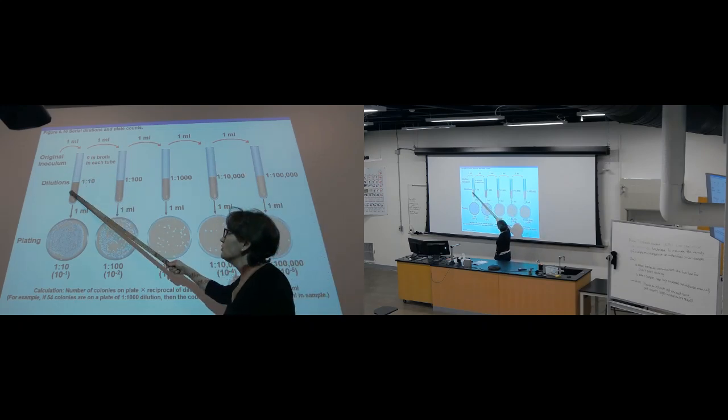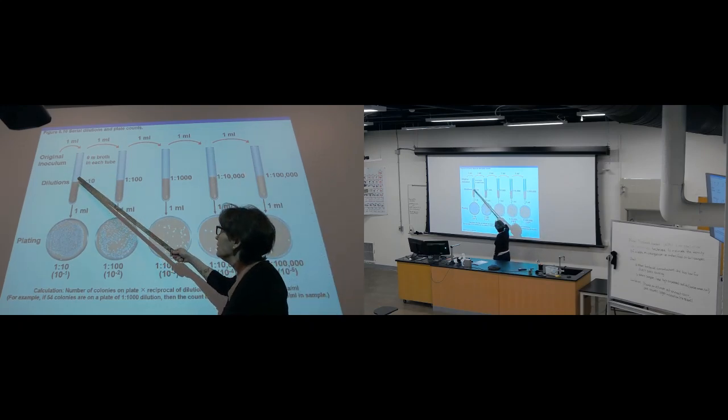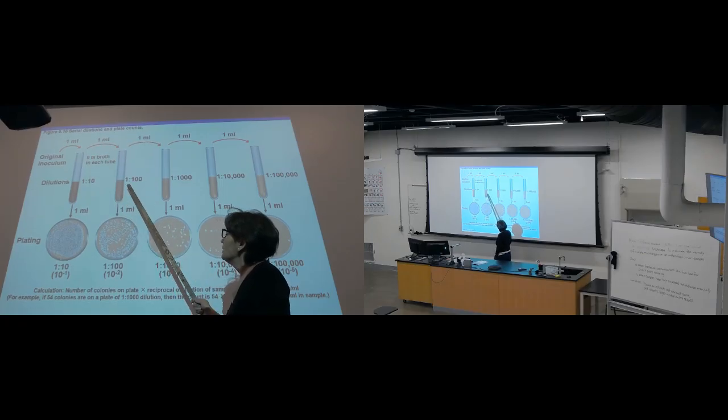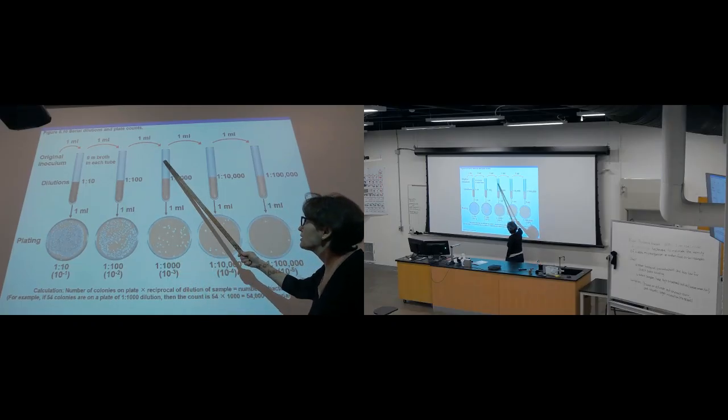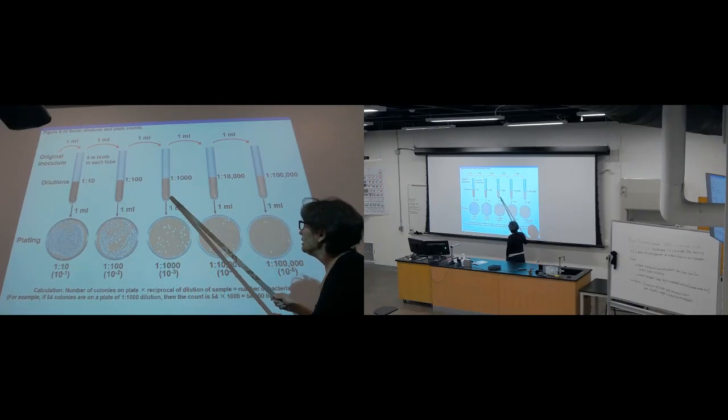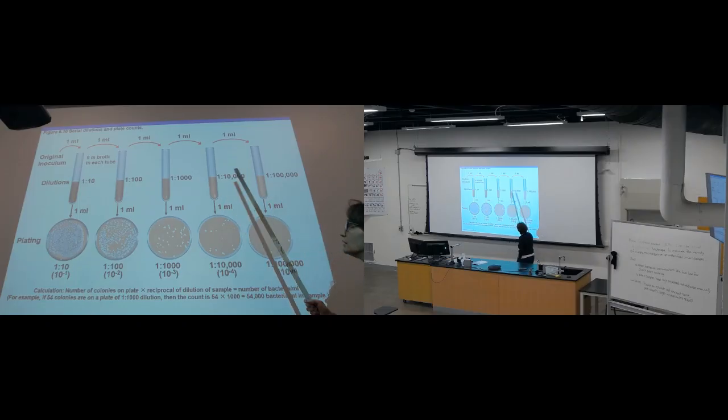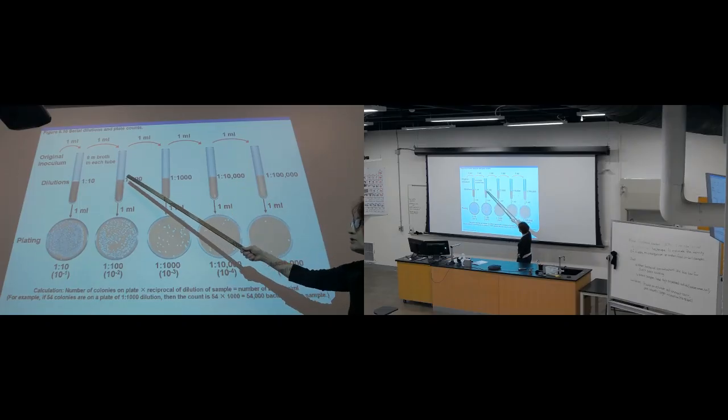So from your 1:10, you mix your sample well, grab 1 milliliter, transfer it into this test tube, swirl it well, and then transfer 1 milliliter to the next tube, and always you have 9 milliliters of the diluent. So that will be a 1:10.